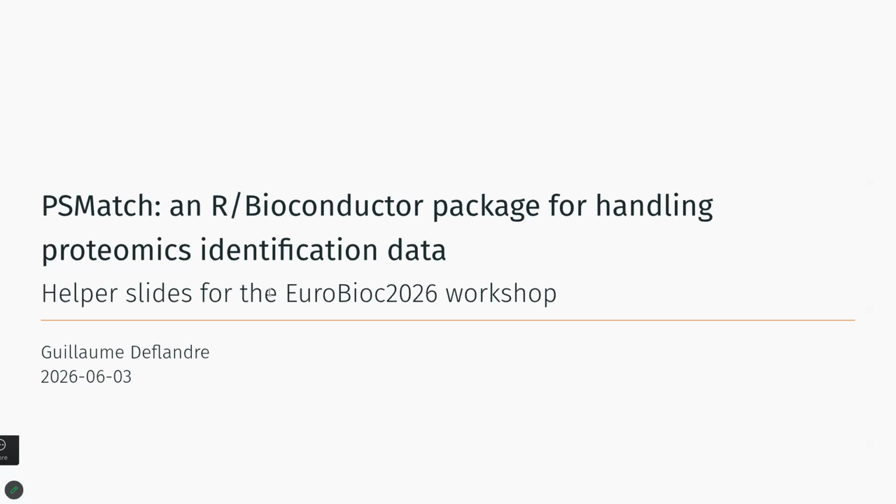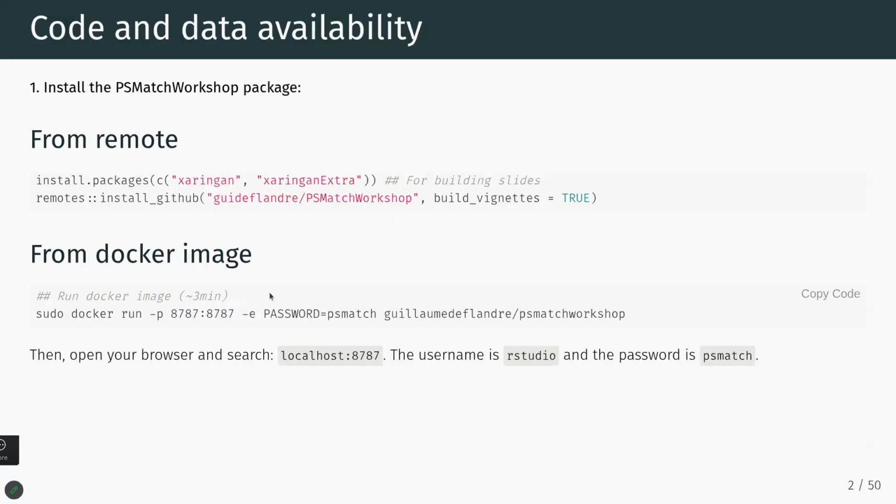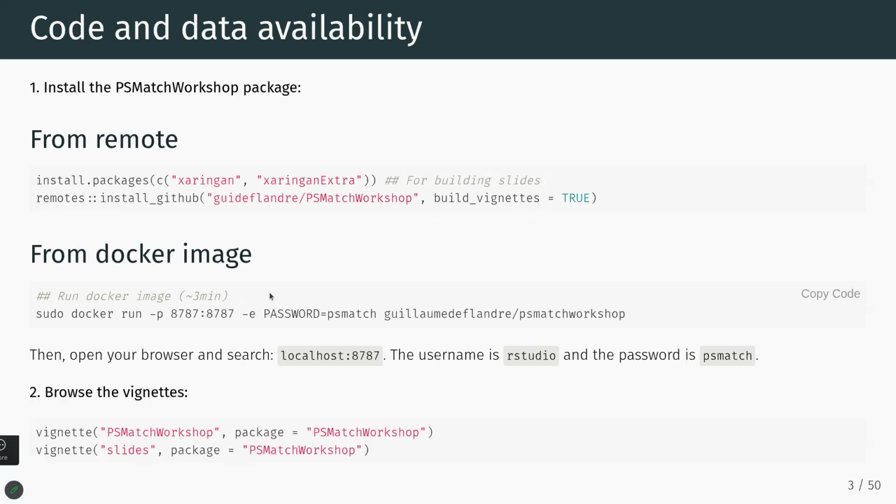So yeah, this workshop will be kind of a demonstration, more of a participation kind of thing. So you can follow along with what I show you. But if you want to load the workshop on your end, you can browse the vignettes. To access the vignettes, you'll have to either install the package from the GitHub repo, Deflandre PSMatch Workshop, or from the Docker image.